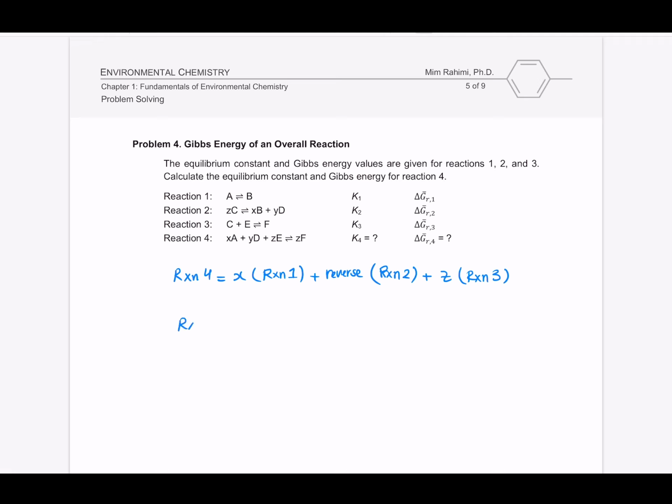So for reaction 1, K1 is basically B over A, and delta G for reaction 1 is minus GA plus GB.